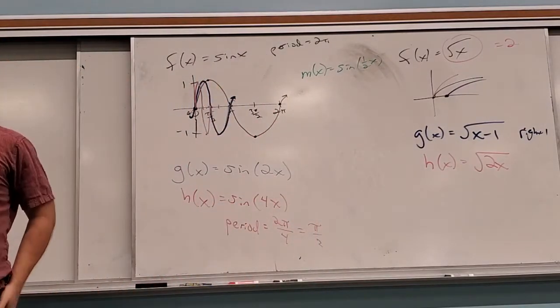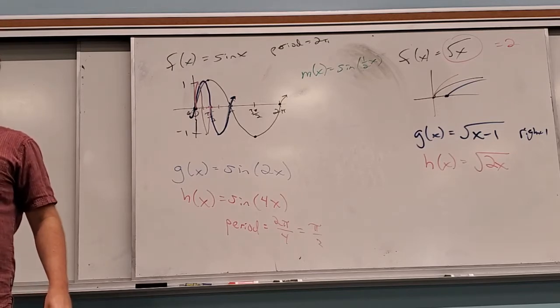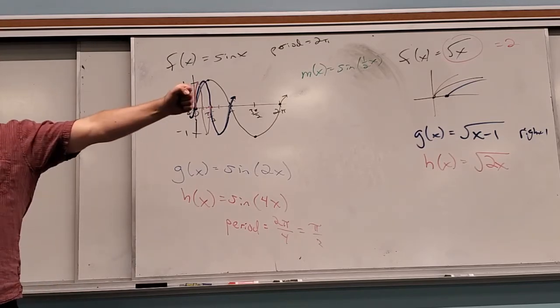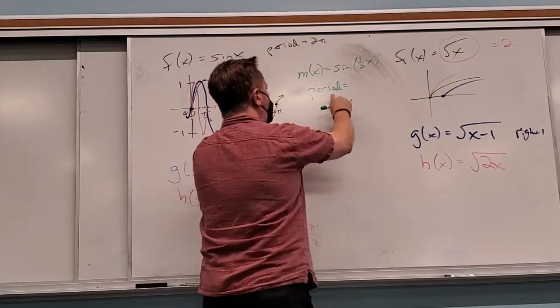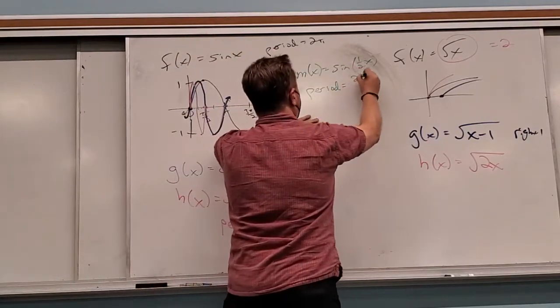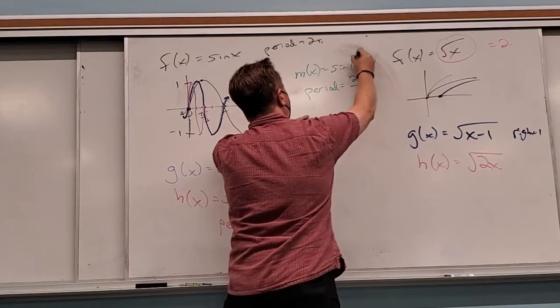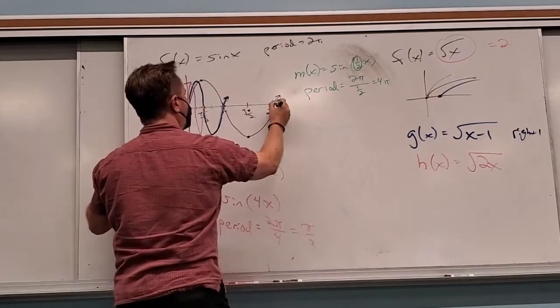What's that going to do? Yeah, it's going to stretch it out. So we basically have developed a formula to figure out the new period. It'll be the original period divided by whatever this number is. So now it's going to go to 4 pi.